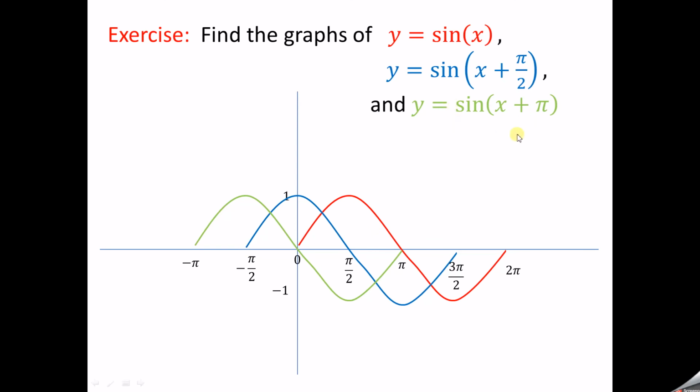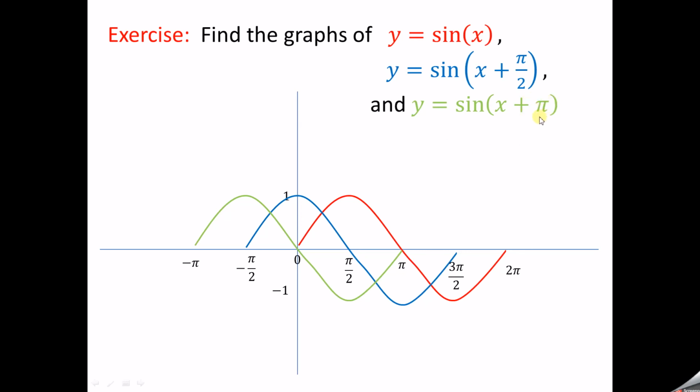And for the third function, the c value is pi. So the phase shift is minus c by b, minus pi, b is 1, so minus pi. So from this y equal to sin x, to get y equal to sin of x plus pi, you have to shift pi to the left hand side.